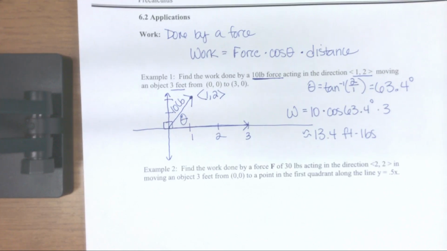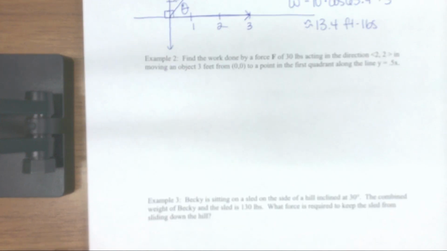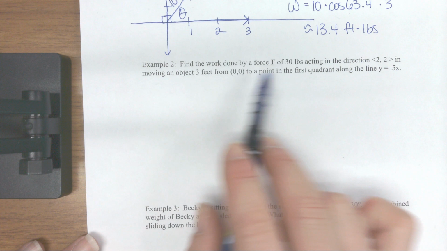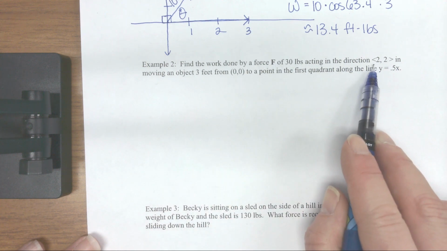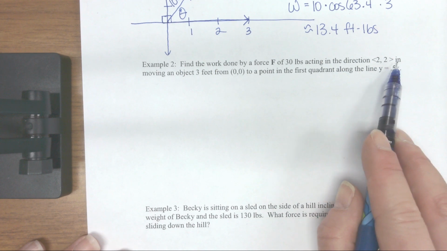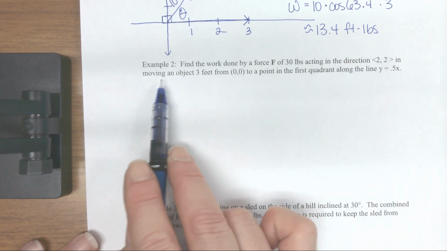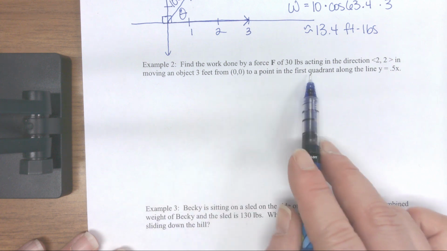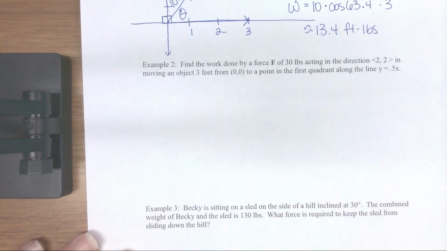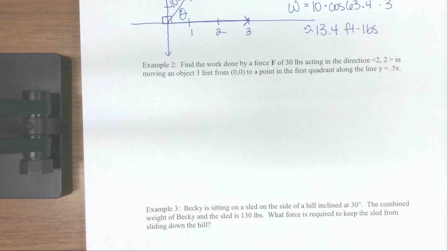Hopefully. What if I had a force of 30 pounds acting in the direction 2, 2, and this time we're moving an object 3 feet from 0, 0, to a point in the first quadrant along the line y equals 0.5x. So this time I am not moving it in the same way.